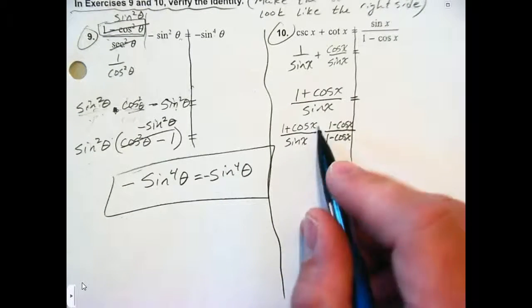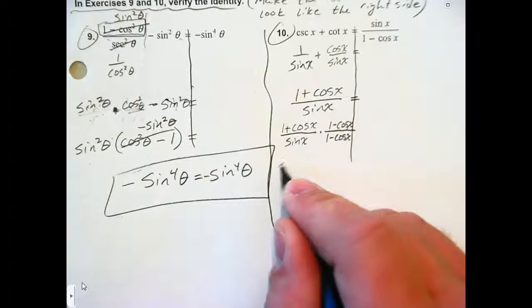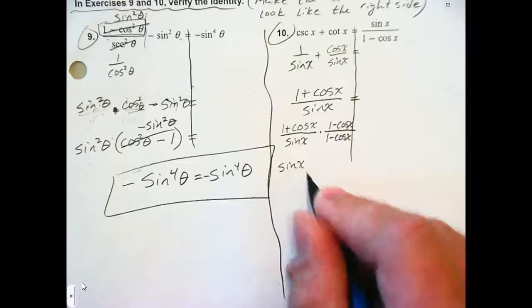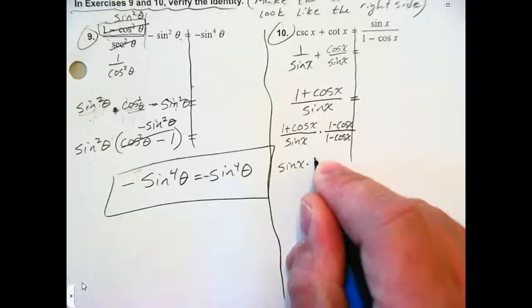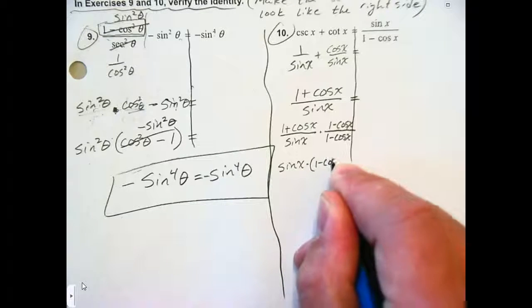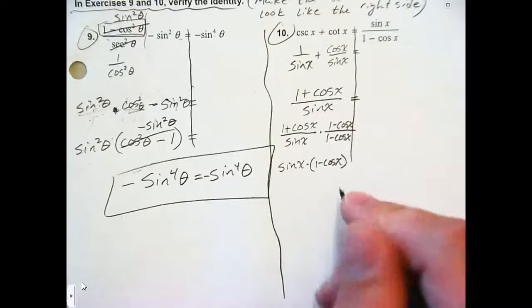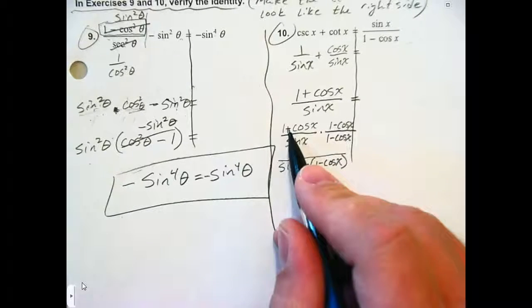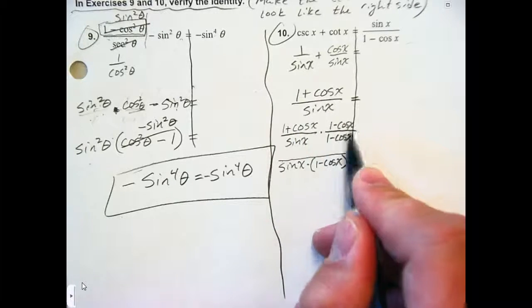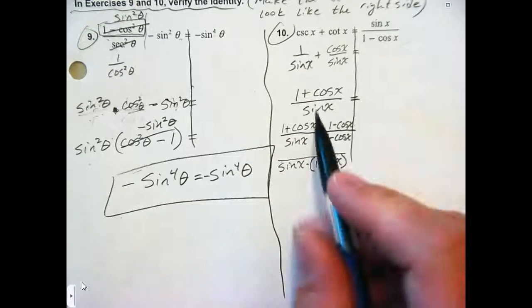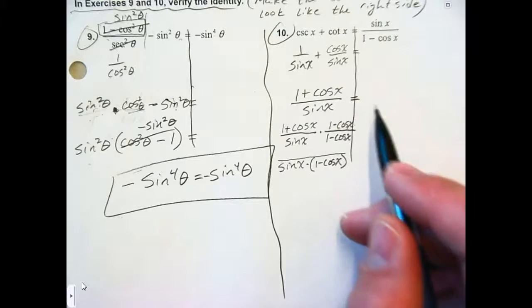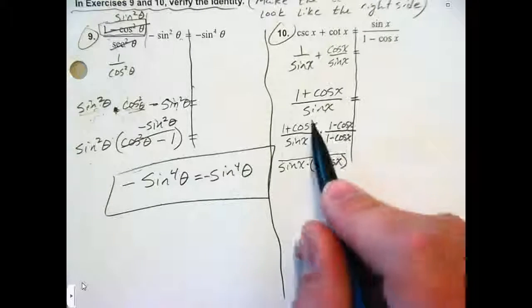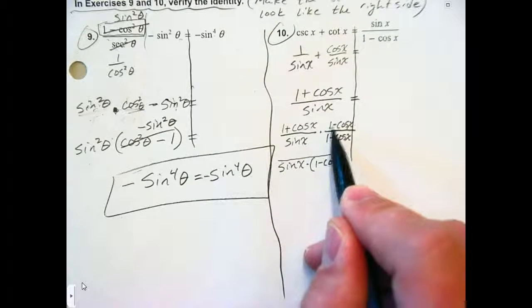Okay, so at this point on the bottom now I have sine x times 1 minus cos x, make sure you put parentheses. Then on the top I have 1 plus cos x times 1 minus cos x, which is the difference of 2 perfect squares right there. Does everyone see that? It's a plus b times a minus b.